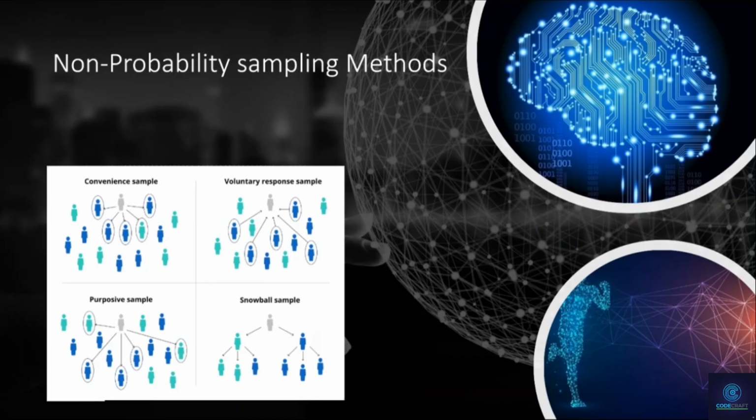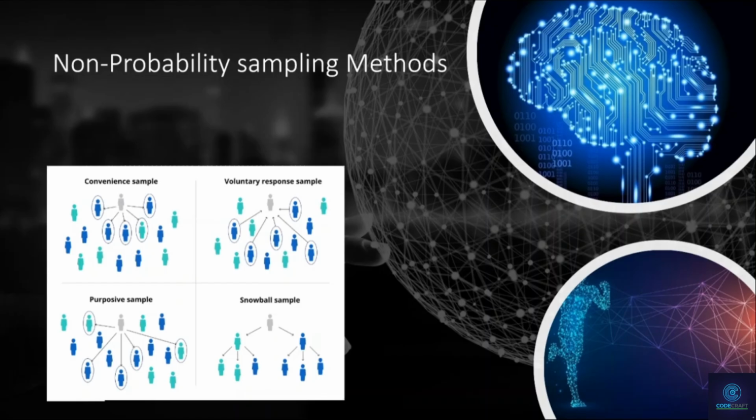Let's say, for example, you want to look for people who love pizza, and the researcher wants to have positive answers in his survey. So he starts asking people who he knows love pizza to answer his survey. So once again, the results will not necessarily represent the population in general.